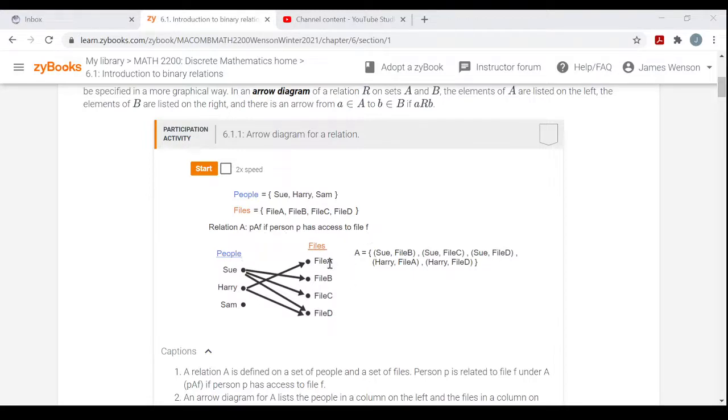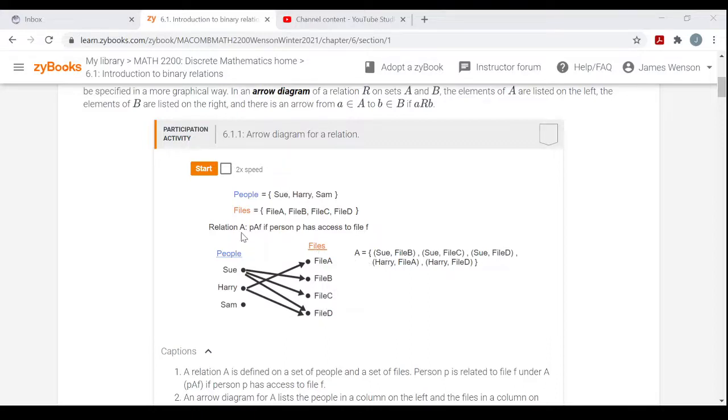And here's an arrow diagram for this. You have the people on the left, the files on the right, and then the arrows. So Sue has access to file B, file C, and file D. So notice again, already you're seeing it doesn't have to be a function anymore. A relation is much more general.